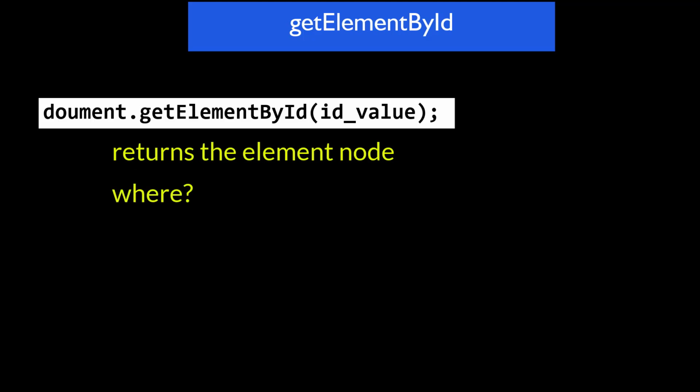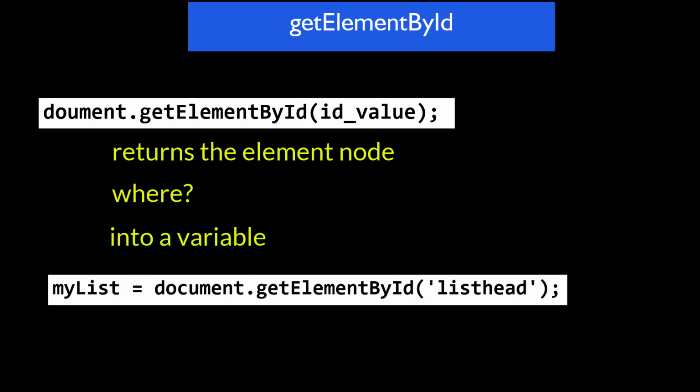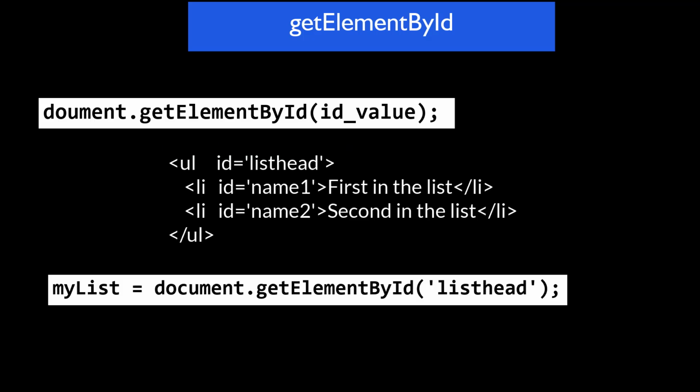Where does it get returned? Into a variable. Maybe myList equals document.getElementById parenthesis listhead. So now the variable myList contains, from our previous example, the UL element node, and we can work with properties and methods on this node.